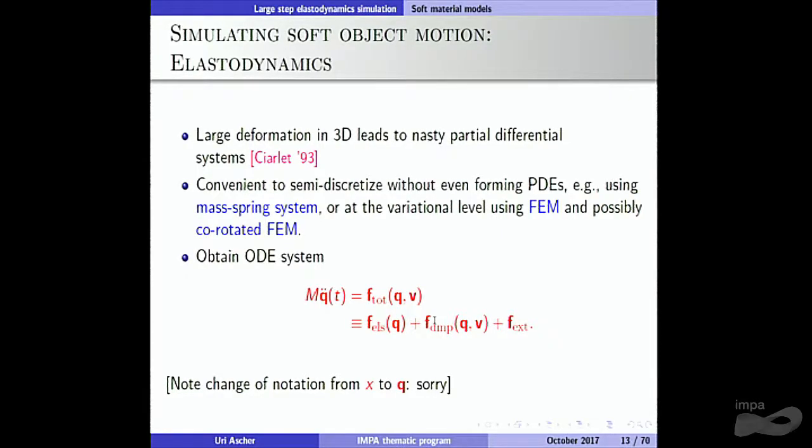Remember, we have nodes of this tetrahedral mesh, and they move, and so the speed of the movement. And then external forces like gravity and like collision, for example. They come in here. Gravity is simple, collision is not simple.